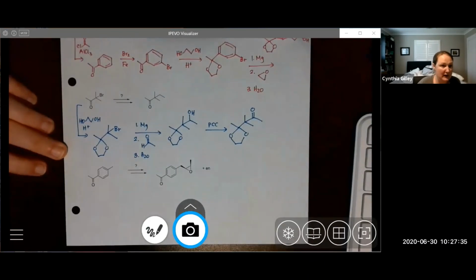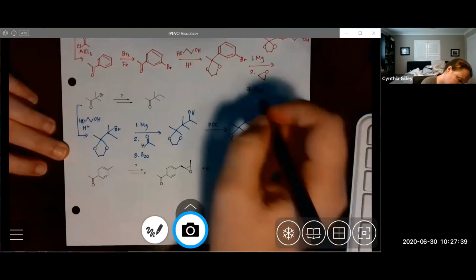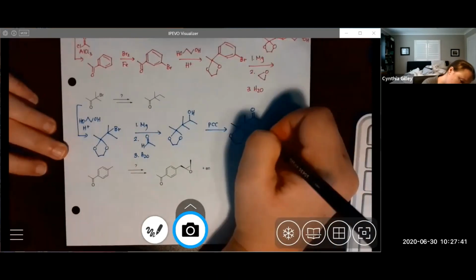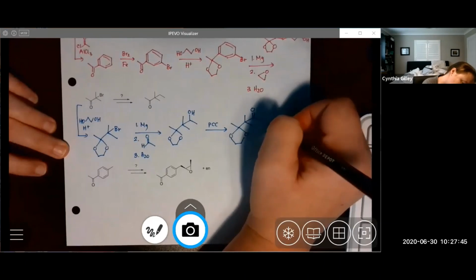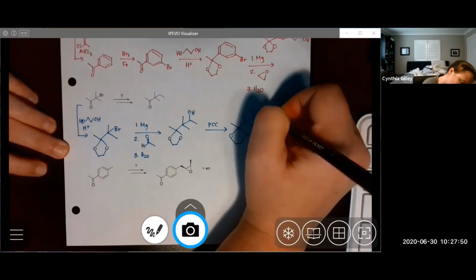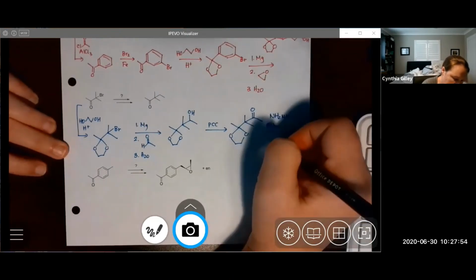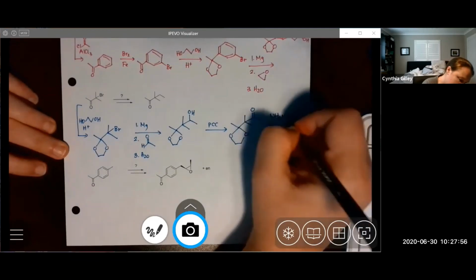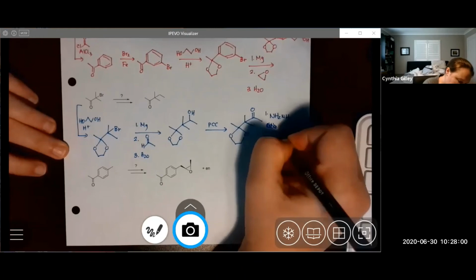So we have the ketone, and the Wolff-Kishner is hydrazine, NH2NH2, and acid, followed by potassium hydroxide and heat.